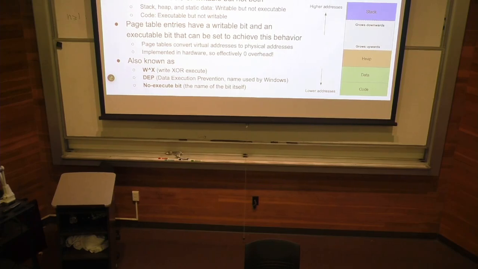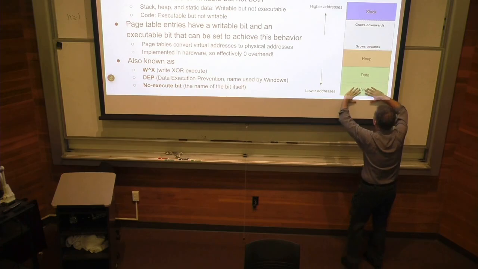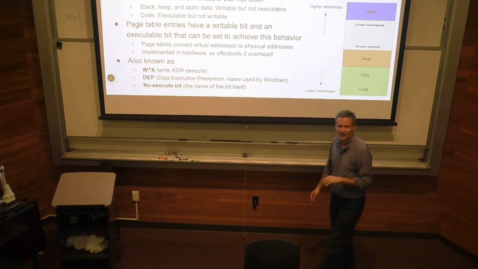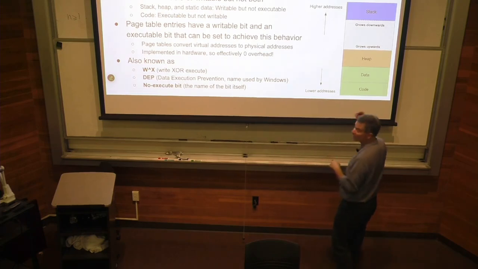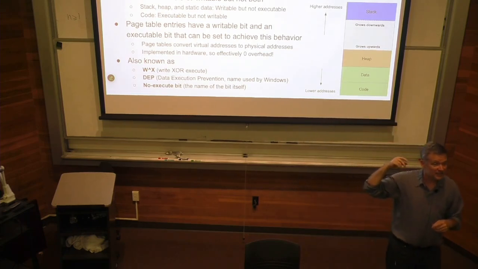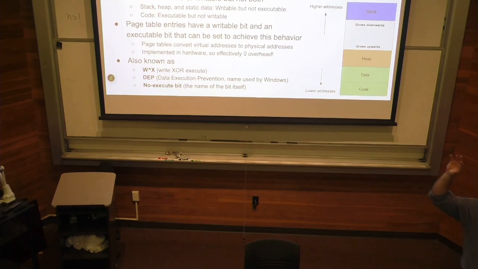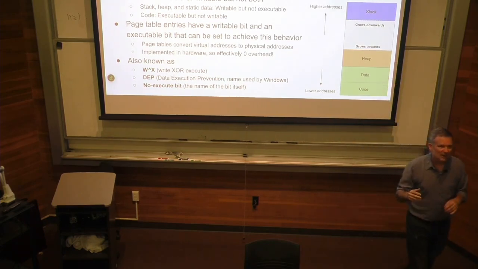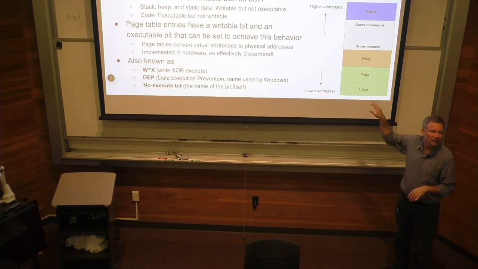So when your program gets loaded up, the loader stores all the code in here, and then it marks this as not writable anymore, no further changes allowed, before it starts the program running. So what that means is that every region of memory is either writable but not executable, like heap and stack, or executable but not writable.